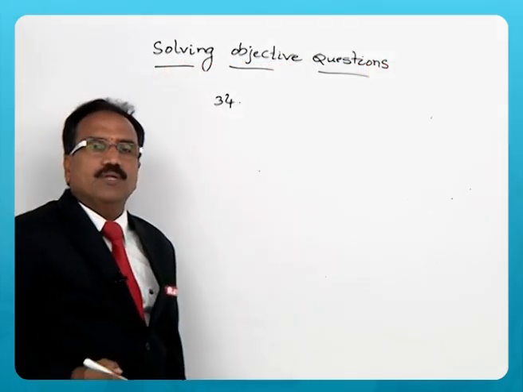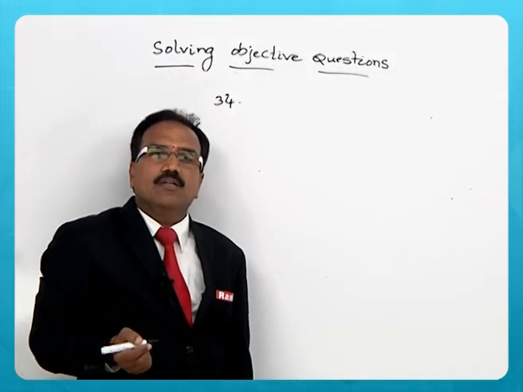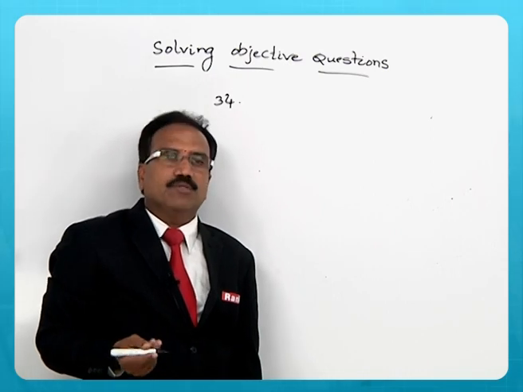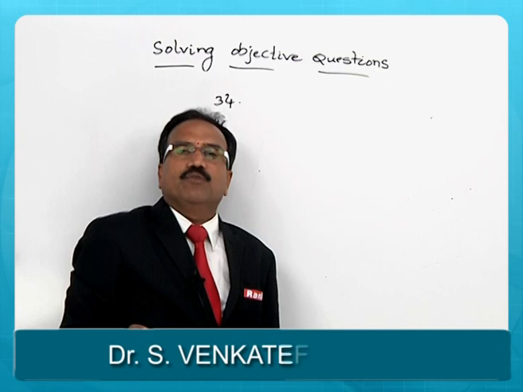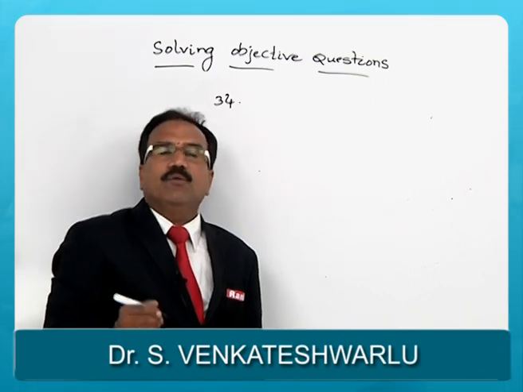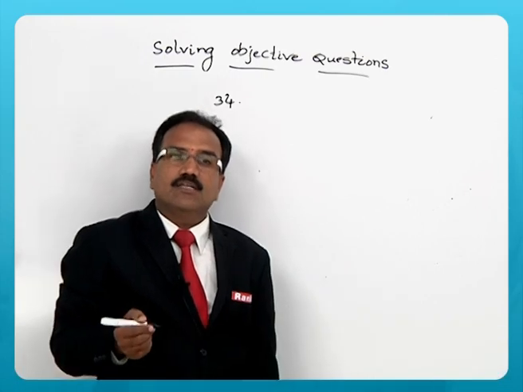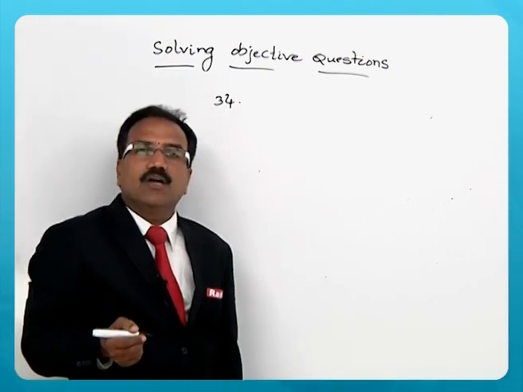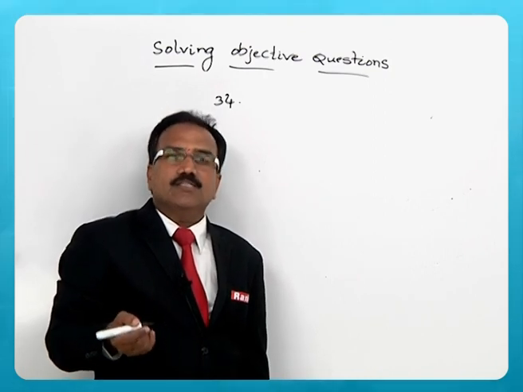Question number 34. Impulse response of a system decays to 0 when system is stable, unstable, marginally stable. Stability of the system is actually defined in two ways. One is, for a bounded input, the output should be bounded, or else the impulse response of a system must decay to 0 as early as possible.